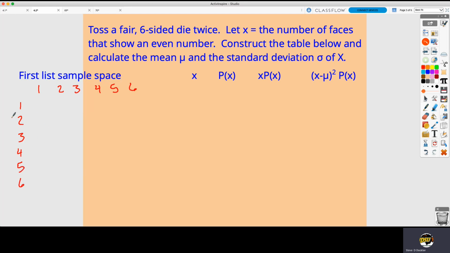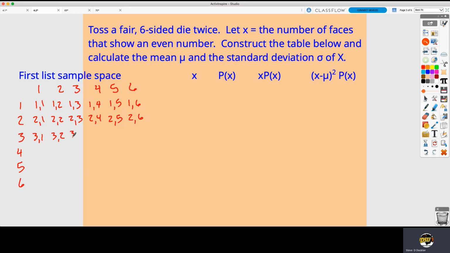I'm not saying you have to do this for every single one, but sometimes it's important to be able to see, if I get a 1 on the first one, I could have 1, 1, 1, 2, and so on, 1 through 6 here. And then we do the same thing for 2. Like I said, I know this is super tedious, but it can help us get the correct probabilities later on here.